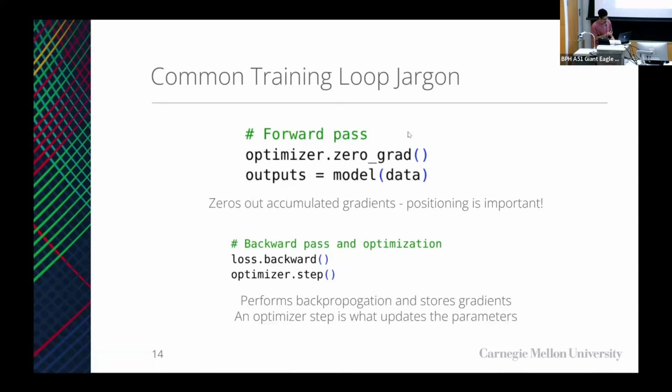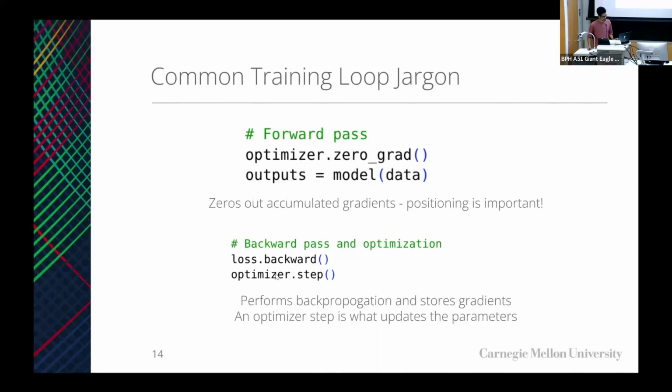So I was talking about the importance of optimizer.zero_grad. It zeroes out accumulated gradients, and thus as a result, where we put it in our code is very important because we don't want the gradients that we've computed to be zeroed out just before our optimizer takes the step, which actually updates the parameters of the network.